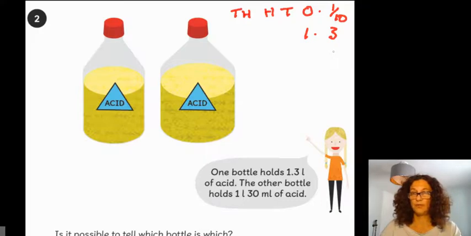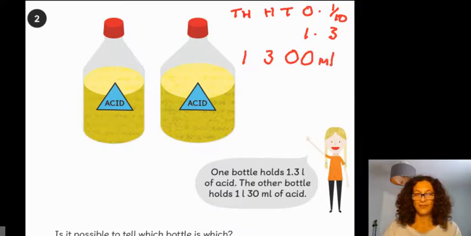We've got 3 zeros, so we're moving them 3 spaces to the left. So 1, 2, 3, our 1 goes here, and our 3, 1, 2, 3, our 3 goes here. And what do we need in our tens and the ones column? Yes, our place value holders. So now our 1.3 equals 1,300 millilitres.